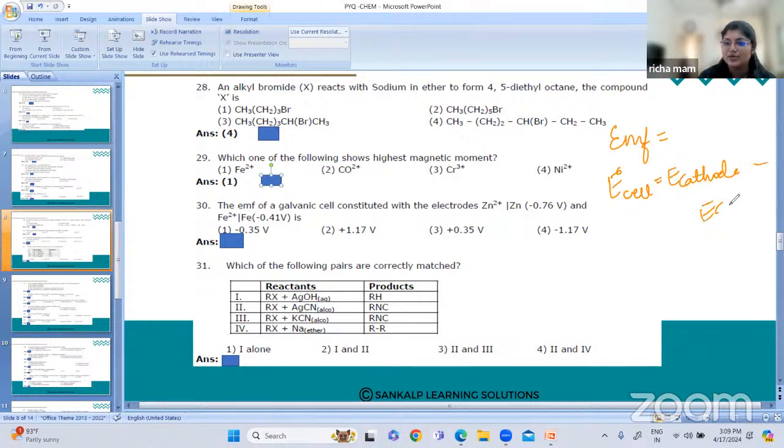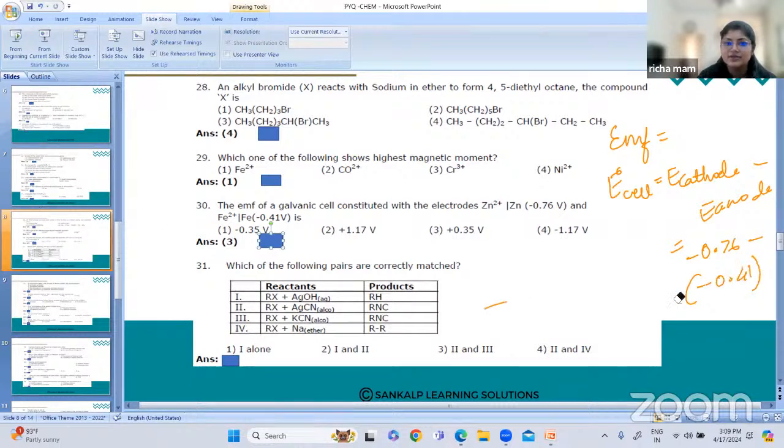E cathode minus E anode. So which is the cathode? The cathode is your Zn, Zn plus 2. So it is minus 0.76 minus, minus of minus 0.41 volts.